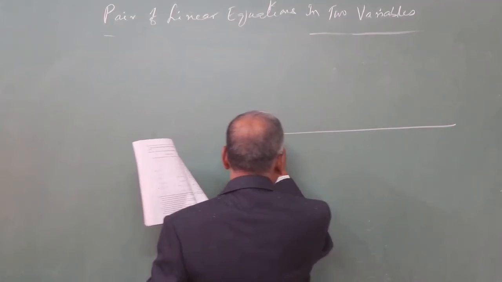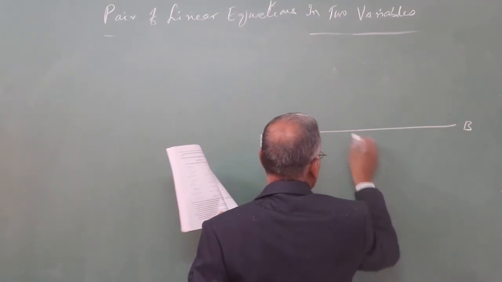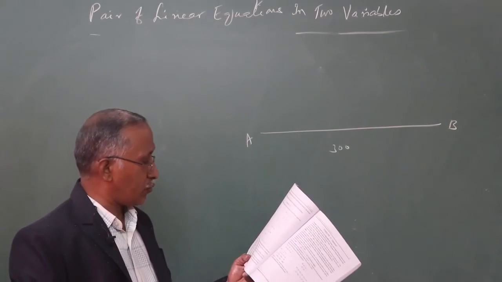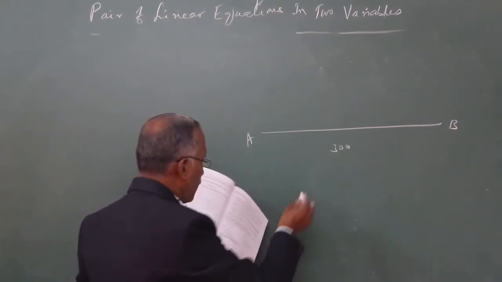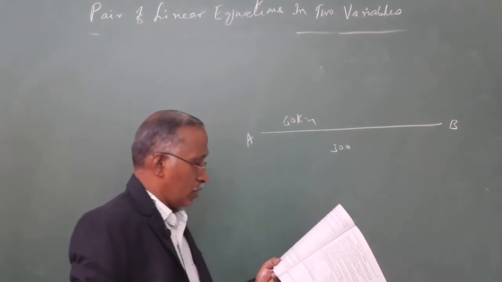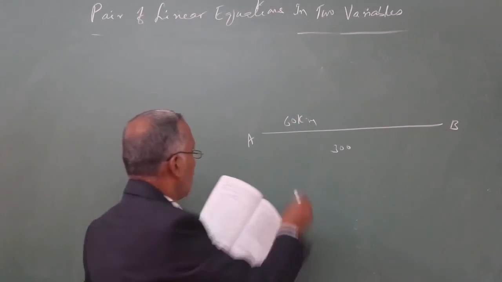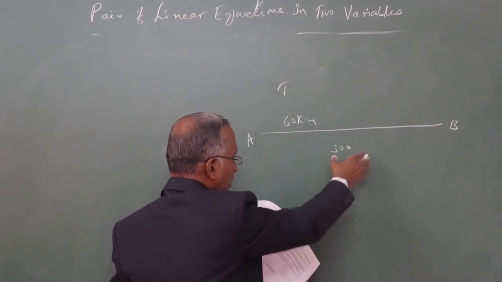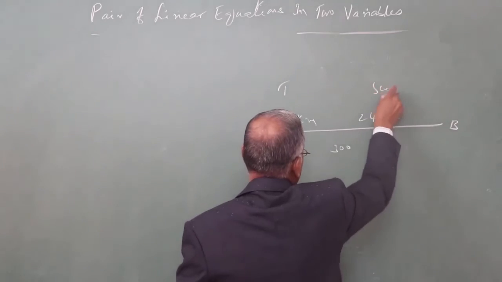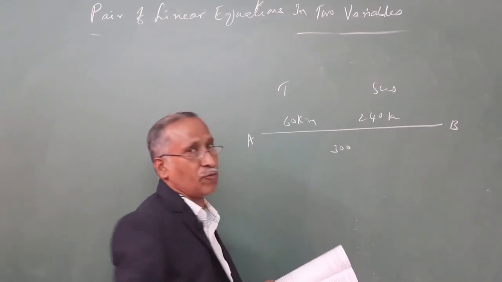For example, A to B, she is traveling 300 kilometers totally. She takes 4 hours if she travels the first 60 kilometers by train. The remaining distance is 240 kilometers. She travels by bus. First case. In this case, she is taking 4 hours.